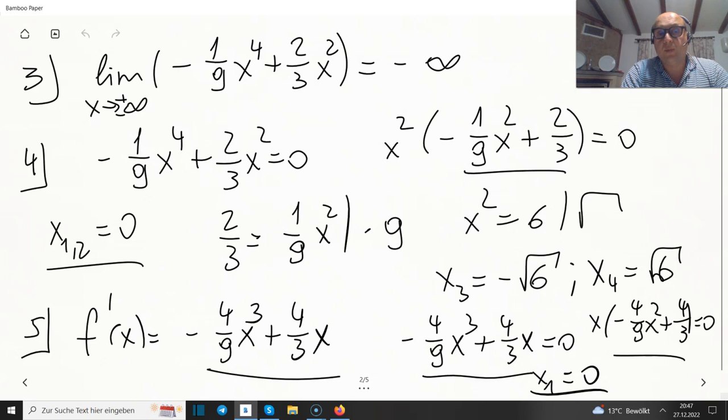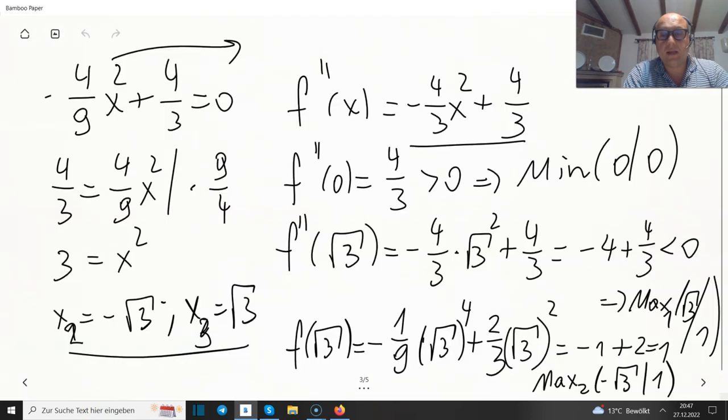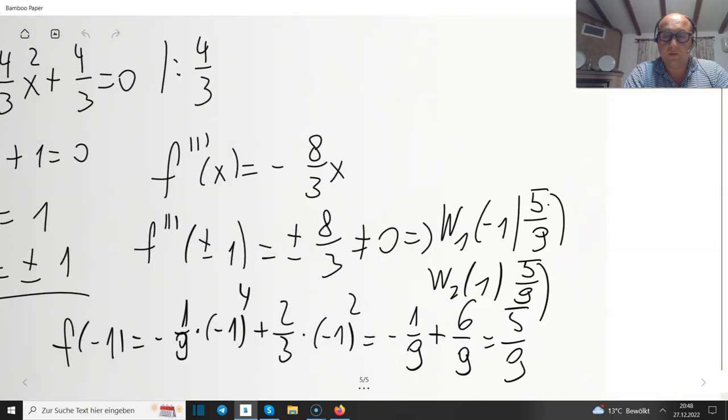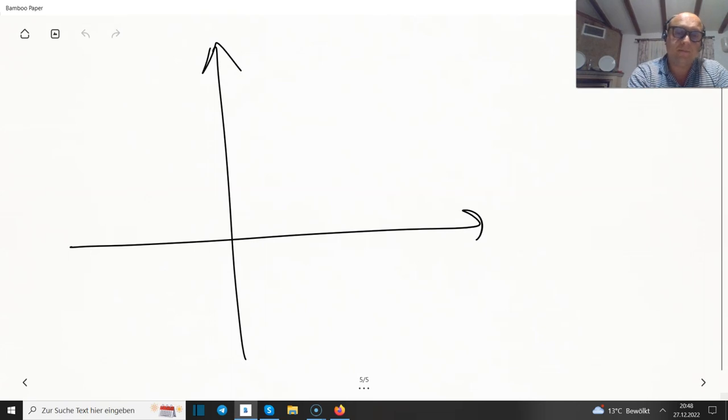We're going down in both cases, and our max is at (square root of 3, 1) and (minus square root of 3, 1). If that would be 1 and that would be 2, it's somewhere here. That would be -1 and that would be -2. Somewhere there.